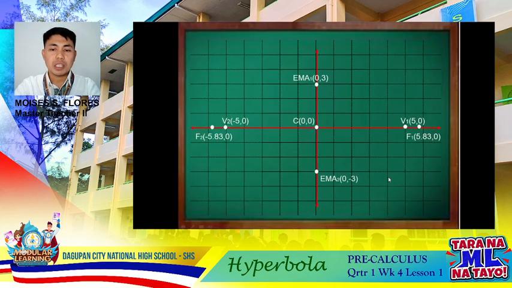Okay. So starting from our focus, from our F sub 1, 5.83, from here, we are going to count 1.8 units. That is upward. Okay, there you have it. Do not forget to label. Then 1.8 units downward. There you have it also.